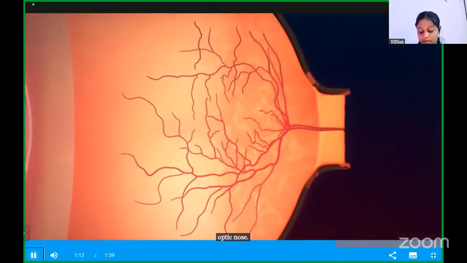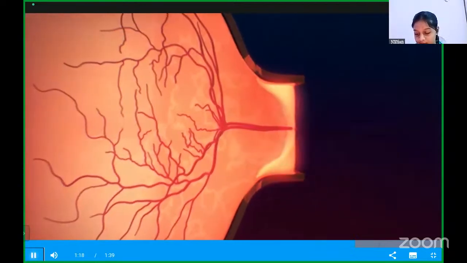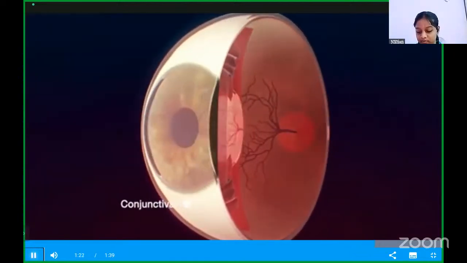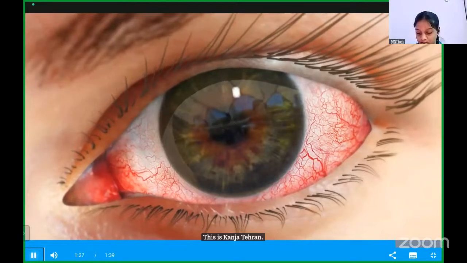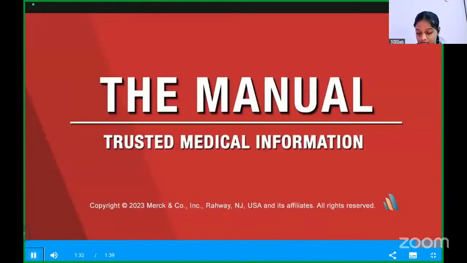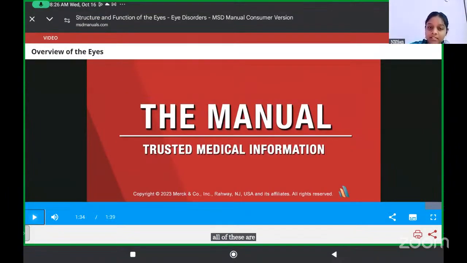We have aqueous humor. This is conjunctiva. Okay, so all of these are parts of our eye, basically the internal and external parts.